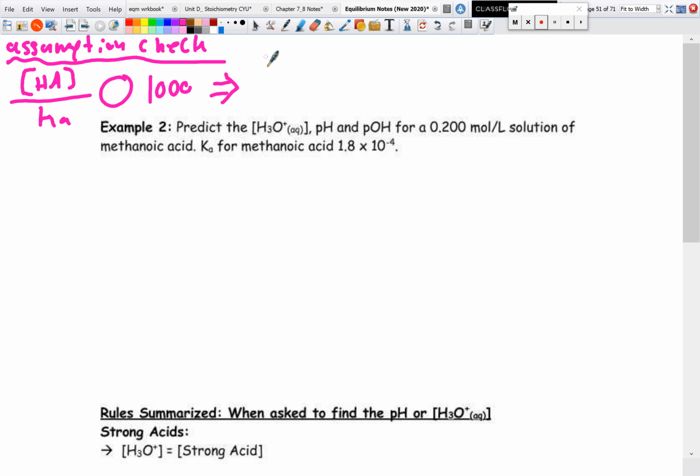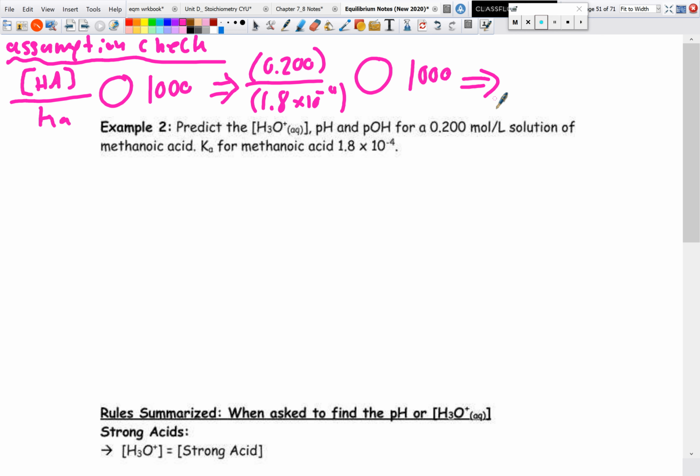and we see if this is greater than 1000. So our acid, 0.200 moles per liter. I don't need to put in moles per liter. The Ka is 1.8 times 10 to negative 4, right? And we're seeing if this is greater than 1000. And when we evaluate this, we get 1, 1, 1, 1, which of course is greater than 1000.